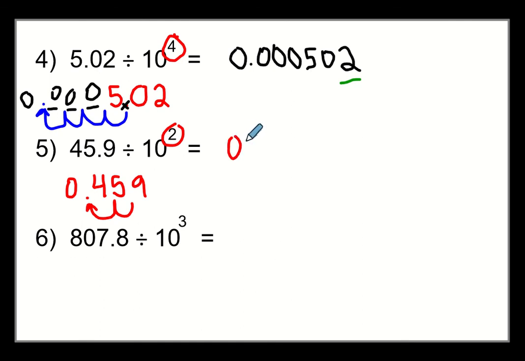So my quotient for this particular problem is 459 thousandths. And finally, I have 807 and 8/10 divided by 10 to the 3rd power.